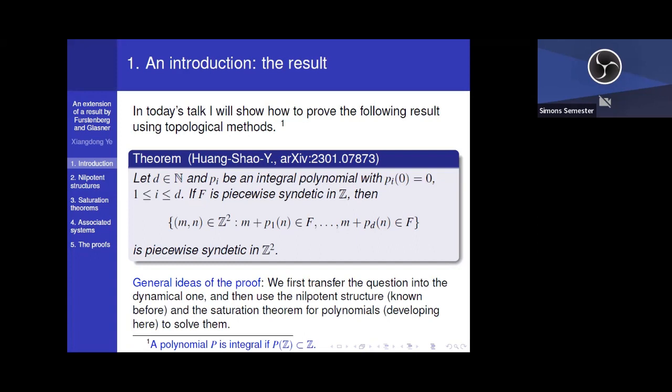The general idea of the proof: first, we transfer the question into a dynamical one. Then we use the nilpotent structure, which is known before. And we also need to prove what we call a saturation theorem for polynomials to solve them.